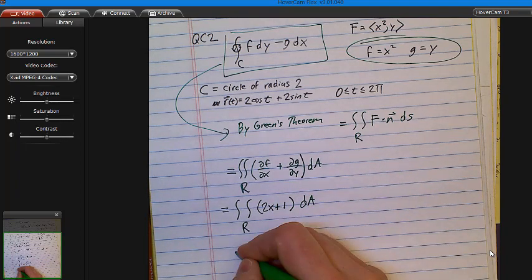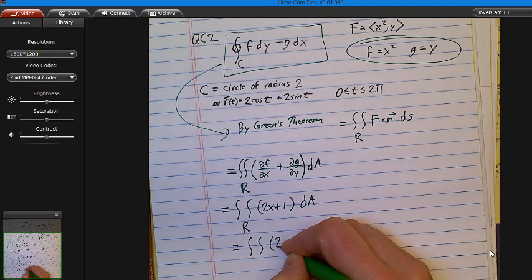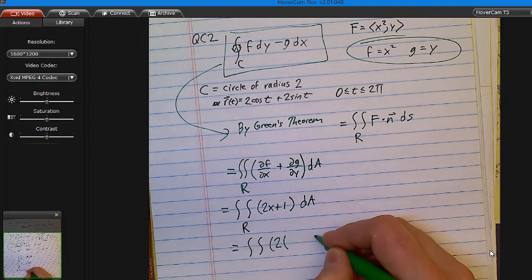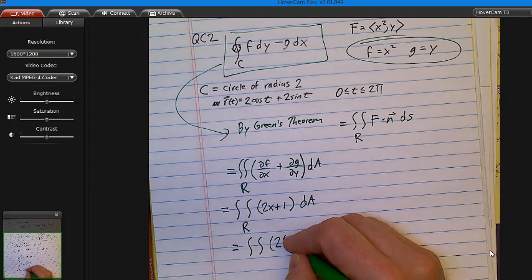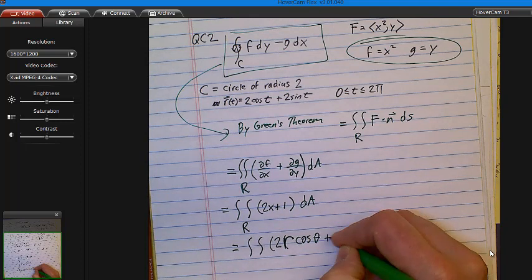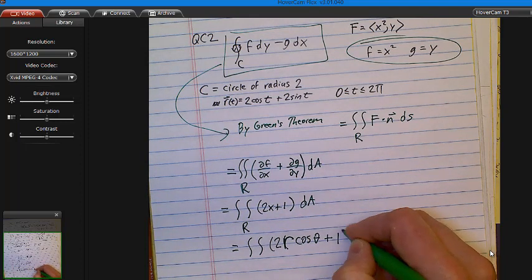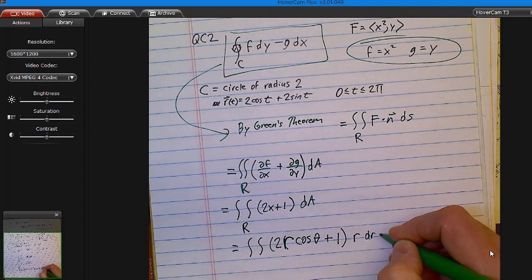Yeah. So let's take their hint. I like taking hints. So let's write this as 2 times, now r cosine theta is what x is, so we'll write it as 2r cosine theta plus 1 times r dr d theta.